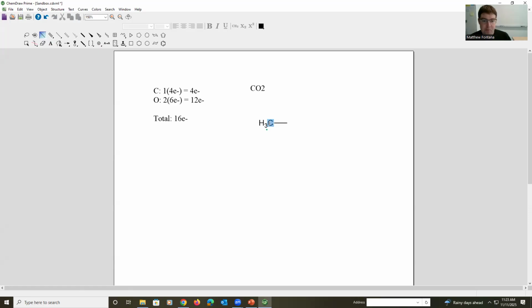So you're going to have one carbon oxygen single bond, and then a second carbon oxygen single bond. And you're going to get something that looks like this.